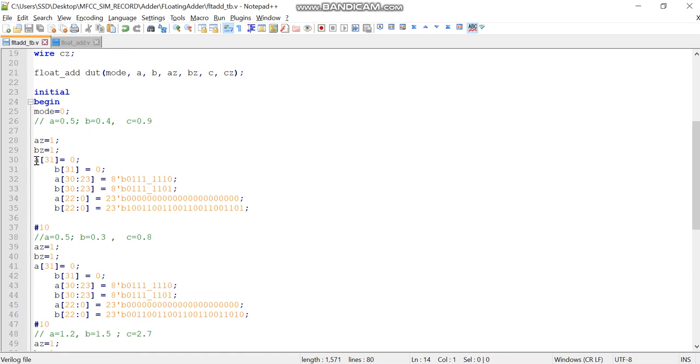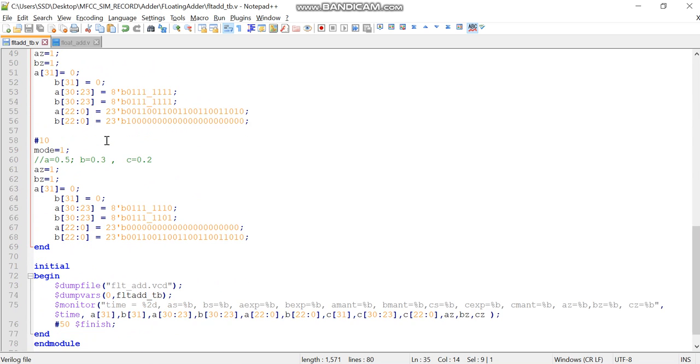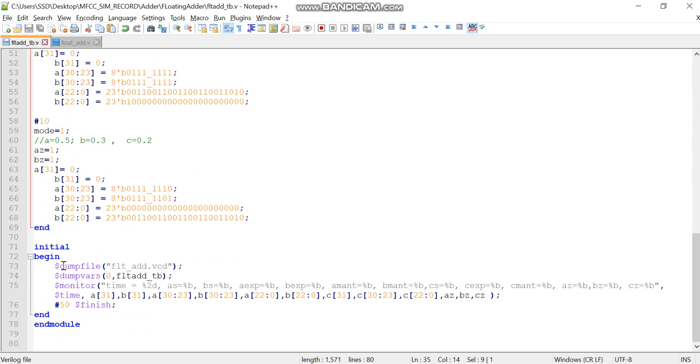I have divided each part separately: this is the sign bit of A and the sign bit of B, this is the exponent of A and the exponent of B, and this is the mantissa of A and the mantissa of B. This is how I have given the inputs, all in binary form. Then we'll get the value change dump file and monitor the outputs. Now let us simulate this floating point adder.